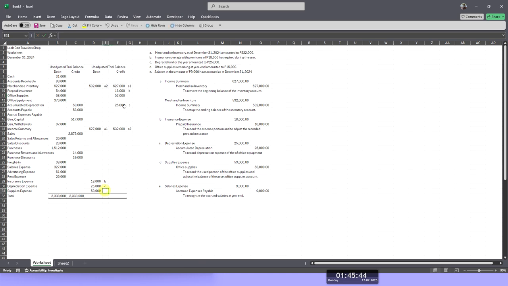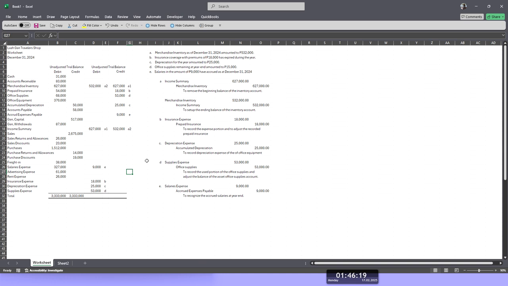And then this is adjusting entry letter D. And the next adjustment is to record the accrued salaries expense. The entry is debit salaries expense, the amount is 9,000, and then credit accrued expenses payable 9,000. And this is adjusting entry letter E.